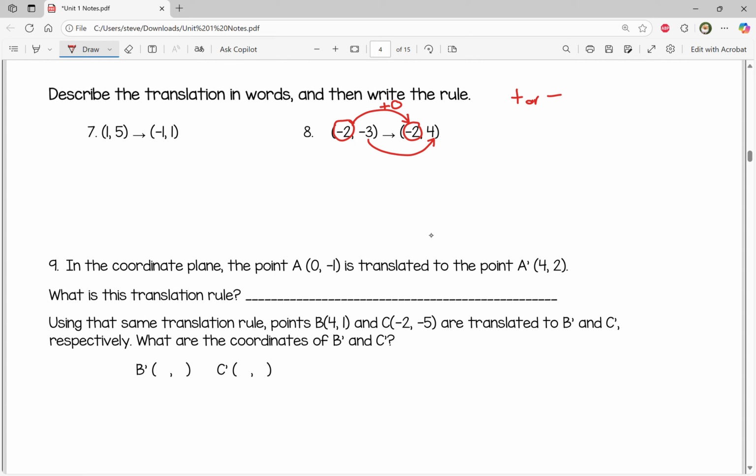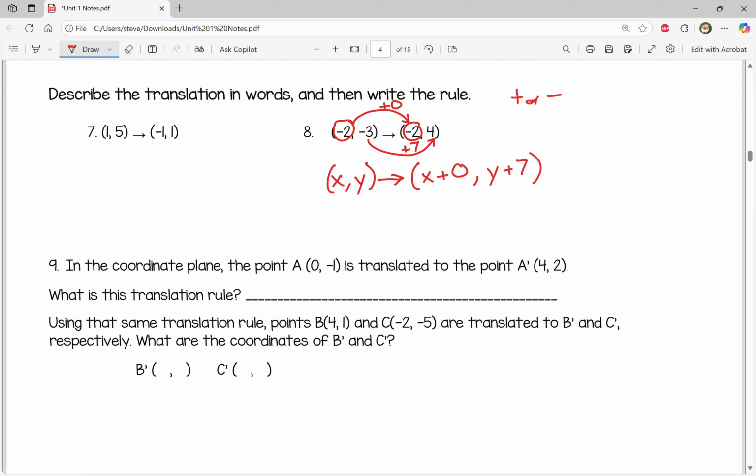I'm starting at a negative, going to a positive, so this is going to be going up, and 3 is 3 away from 0, 4 is 4 away from 0 on the other side, so I'm adding 7 here. The rule for this is x comma y, our original, is going to be translated to wherever x was plus 0, and whatever y was plus 7.